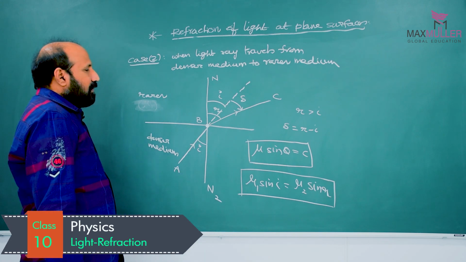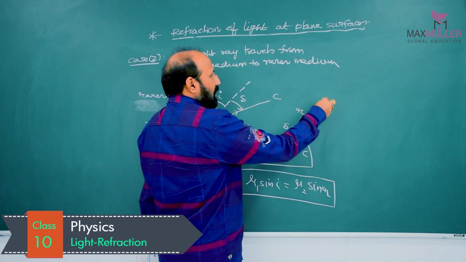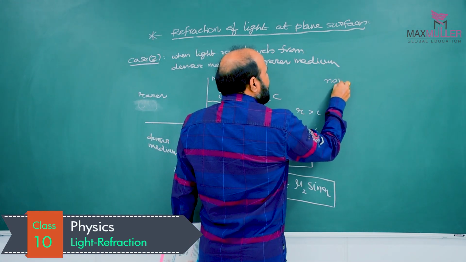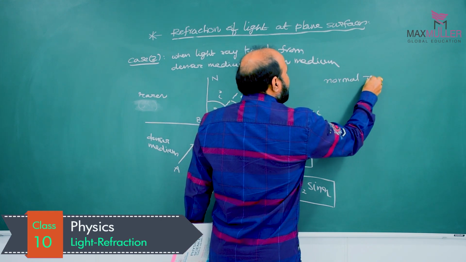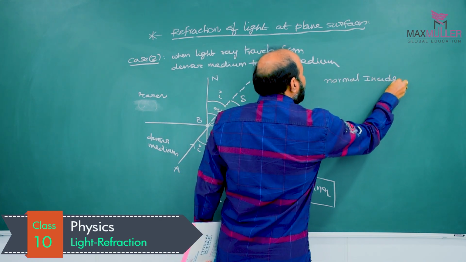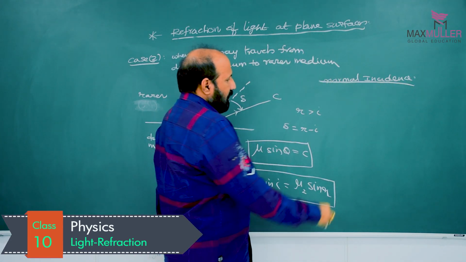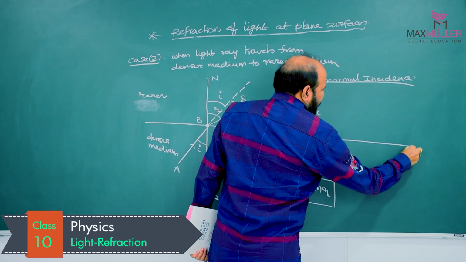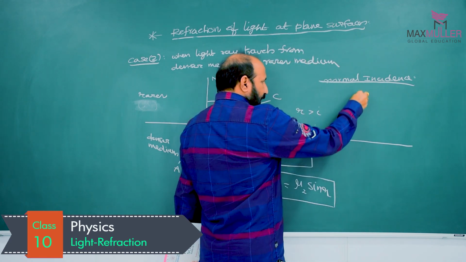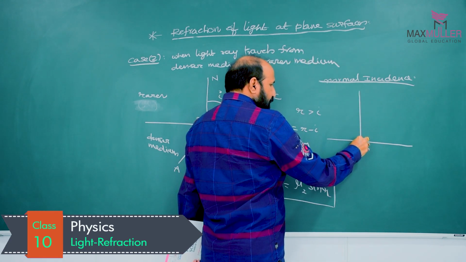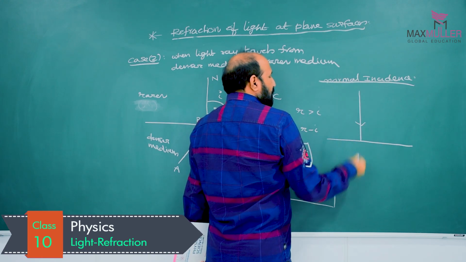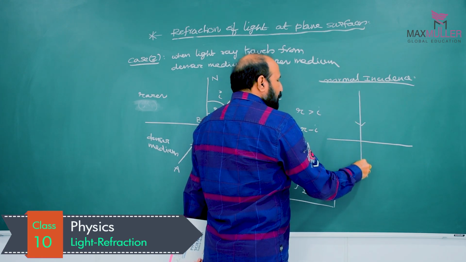Now, next case is normal incidence. Suppose a light ray is incident normally on the surface. It travels without deviation.